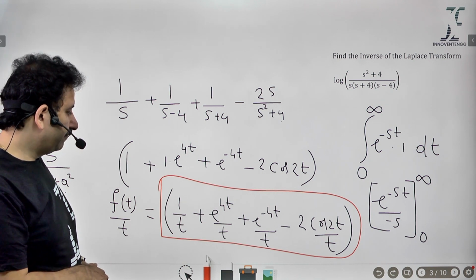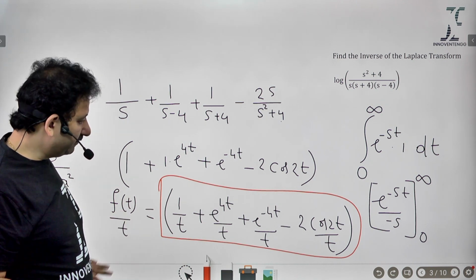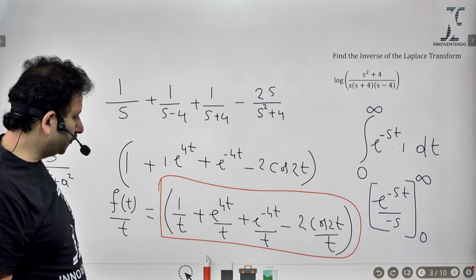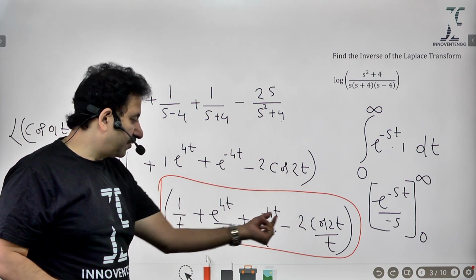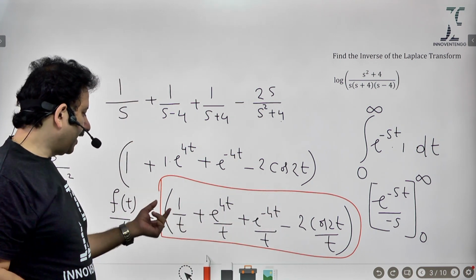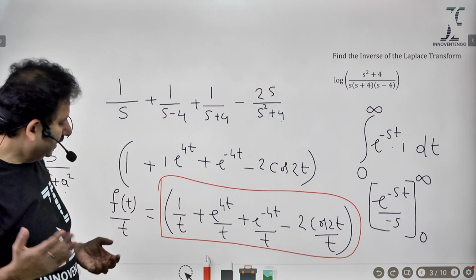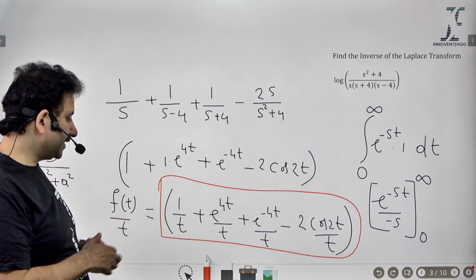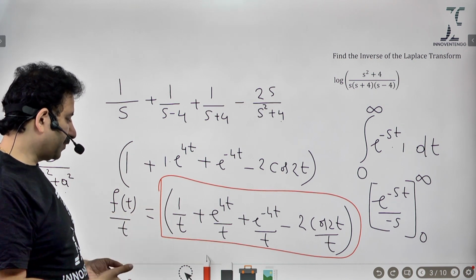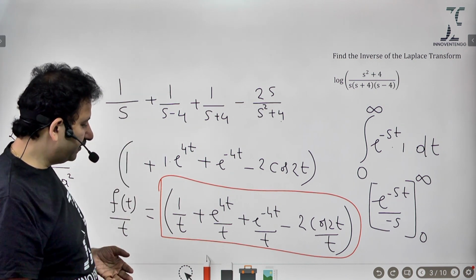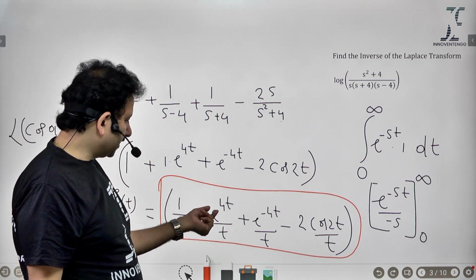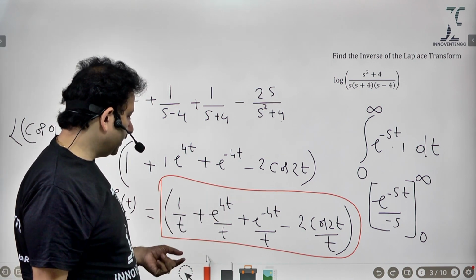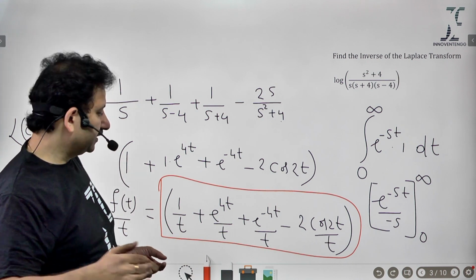So for example, if you want to verify whether you have got the correct answer, what you can do is you can find the Laplace transform of all these terms and simplify. How do you do it? You know the procedure. Just take the Laplace transform of 1, which is 1 by s, then integrate that with respect to s from s to infinity. What is the Laplace transform of e power 4t, which is nothing but 1 by s minus 4?